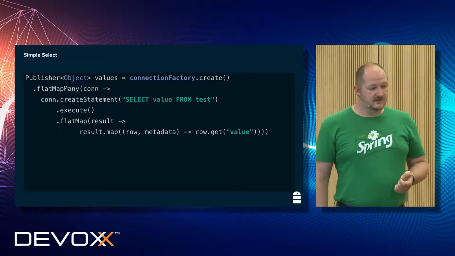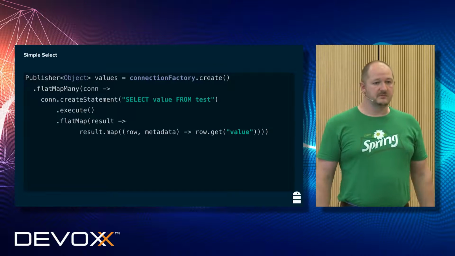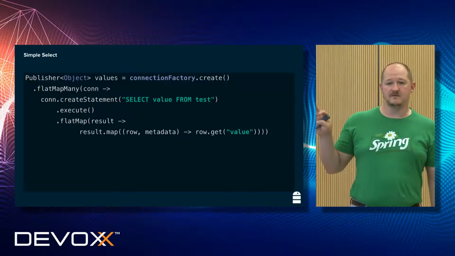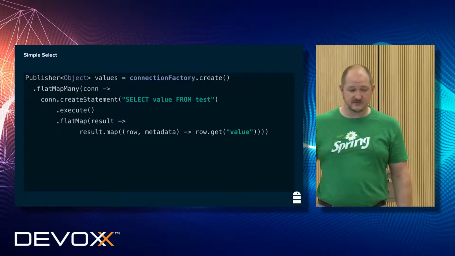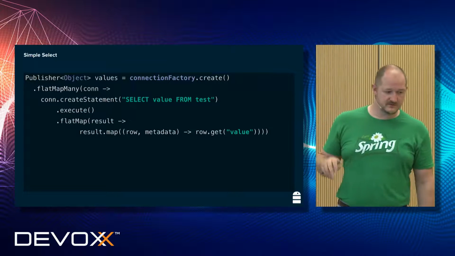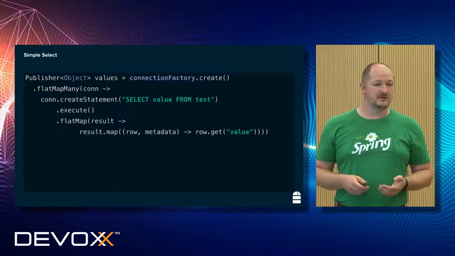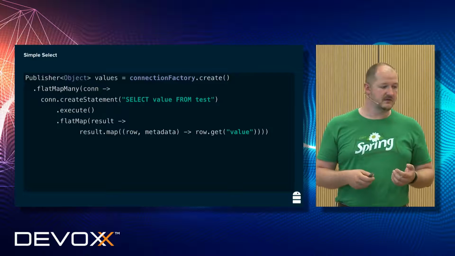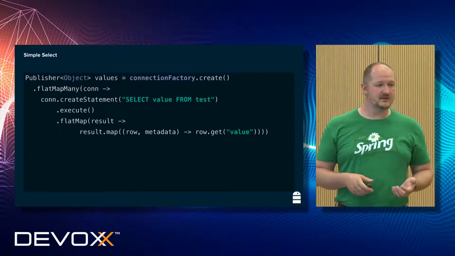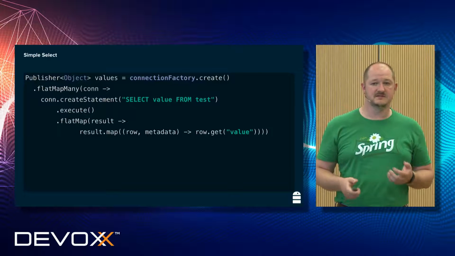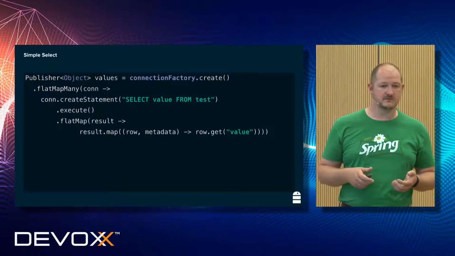So how would this look like if we would use R2DBC in our code? Well, expect a lot of code. And this is the first slide with a little code, so expect more. So it all starts with a connection factory. You create a connection, you get back a publisher that emits a connection. As soon as we have that connection in our hand, this is the flatMapMany operator, which comes from Project Reactor.